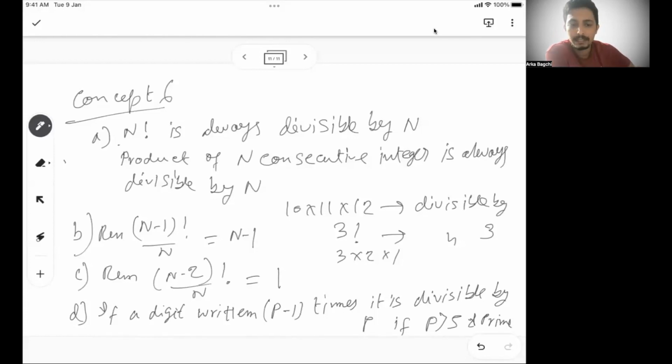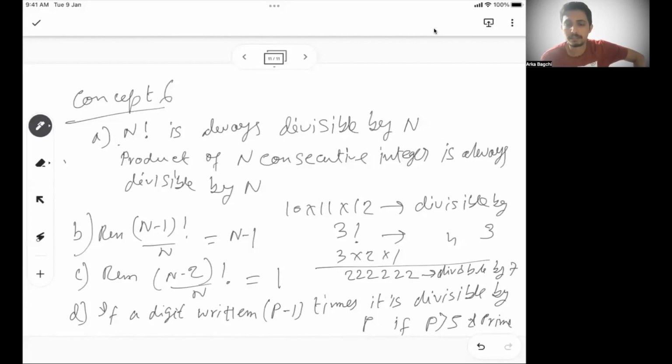So if a digit is written p minus 1 times, it is divisible by p where p is greater than 5 and a prime number. So let's say I have written 2, 2, 2, 2, 2, 2. So I have written 6 times 2. This is divisible by 7.